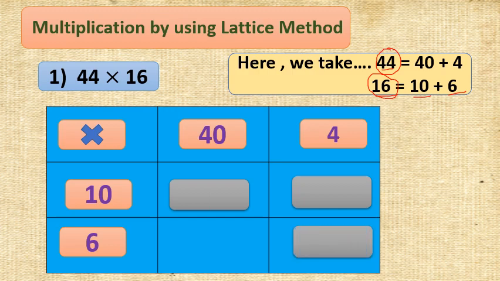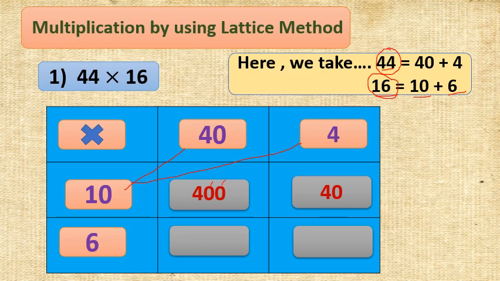Then we will multiply 40 and 4 by 6. See, first one by 10. 10 multiplied by 4 is 40. Now 10 multiplied by 40 is 400, because 4 ones are 4 and then these two 0s. So we gave 2 zeros.